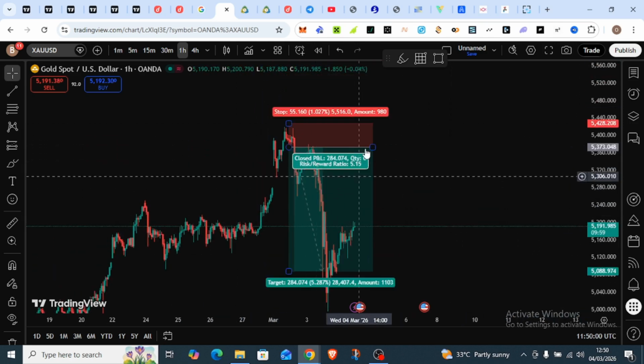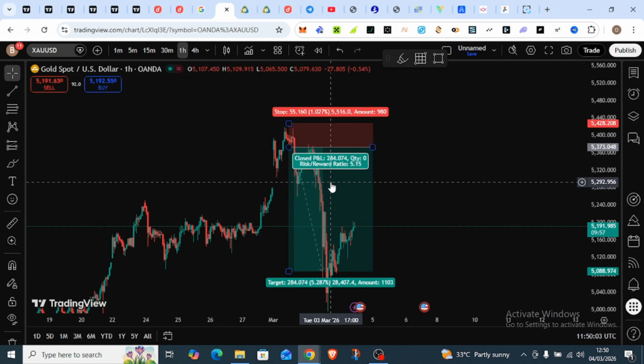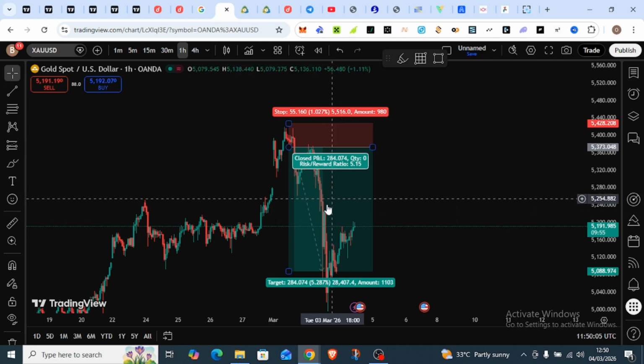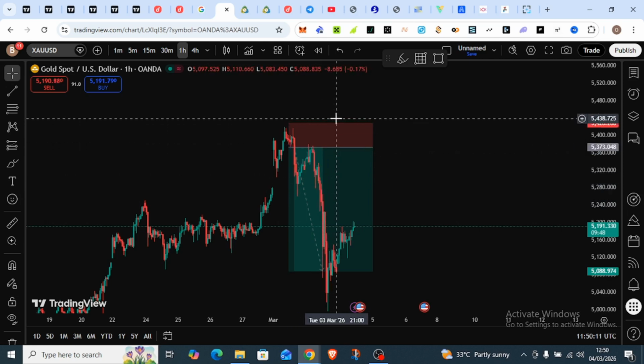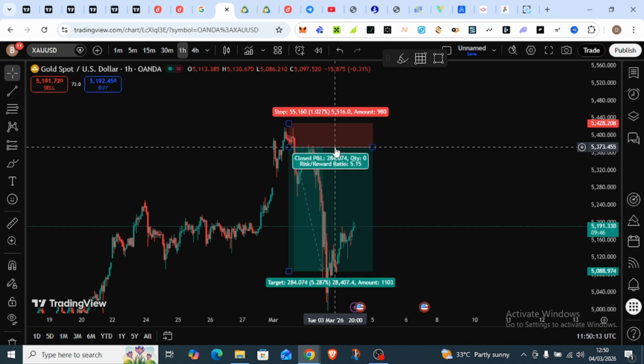So this is our setup. If we risk $100 on this setup, let's do it together. You can use your calculator.